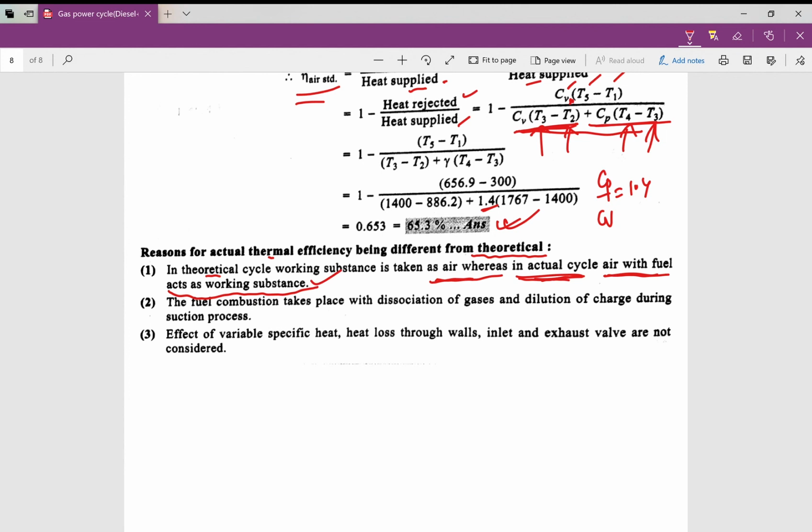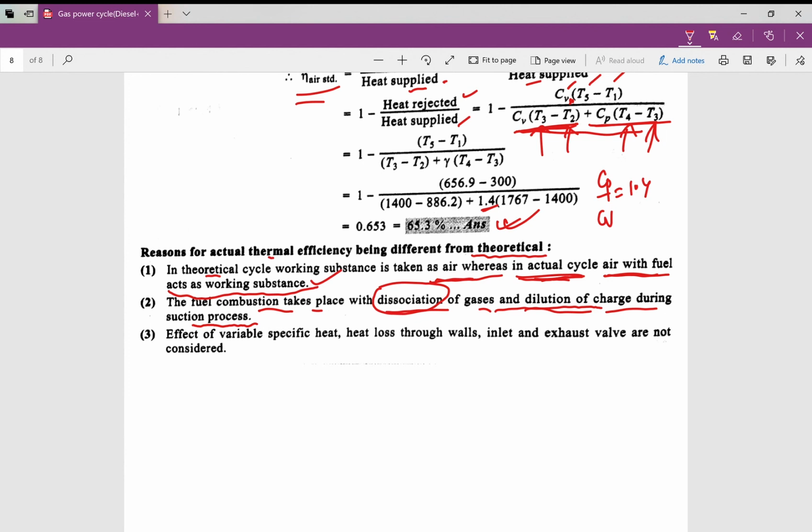Second one, the fuel combustion takes place with dissociation of gases and dilution of charge during the suction process. Due to improper exhaust and some leakages, dilution of charge may take place, and dissociation, that is due to high temperature of your cylinder, dissociation of fuel, that is petrol or diesel, may take place.